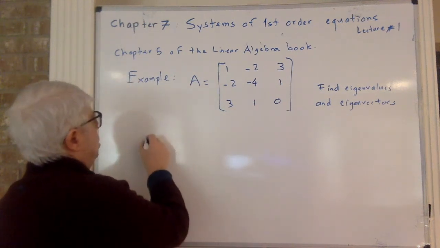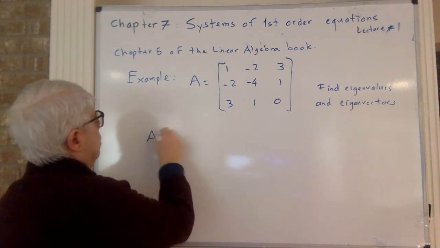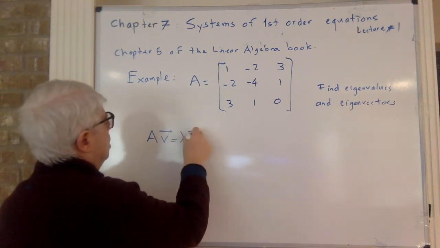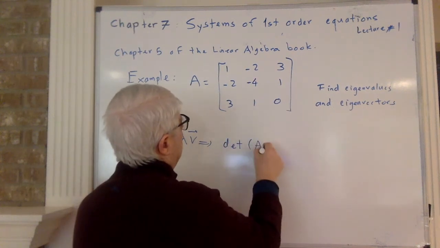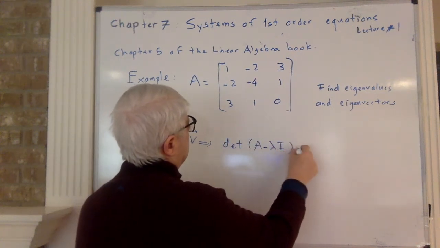Okay, so we have Av equals lambda v, and that gives me determinant of A minus lambda I equals 0.